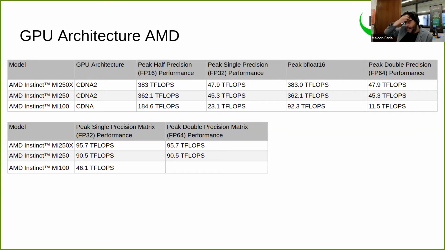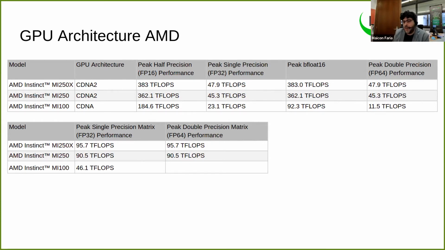So in terms of raw performance, this is the data that AMD presents. You can see that it's quite impressive. Of course, there are two things here. We cannot compare that directly with the A100 because of questions of price.